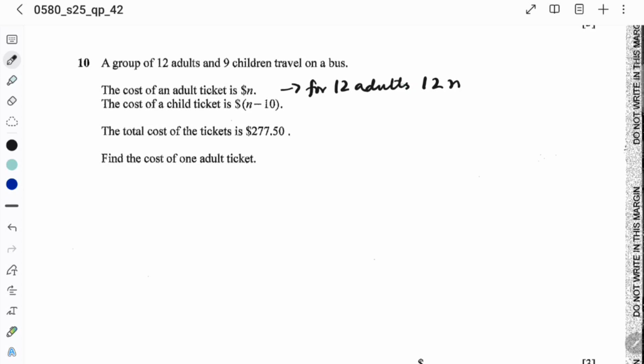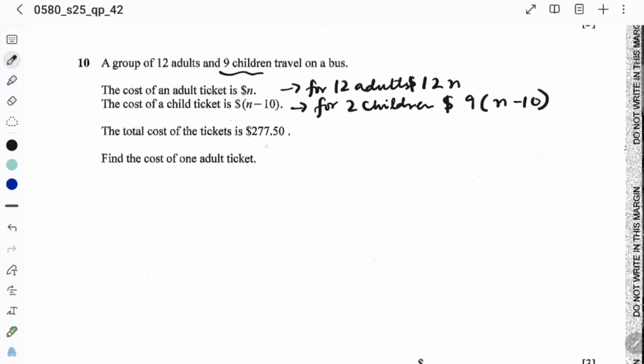Okay, so after that, the cost of a child ticket is n minus $10. Alright, so for 9 children, it will become 9 times n minus 10.